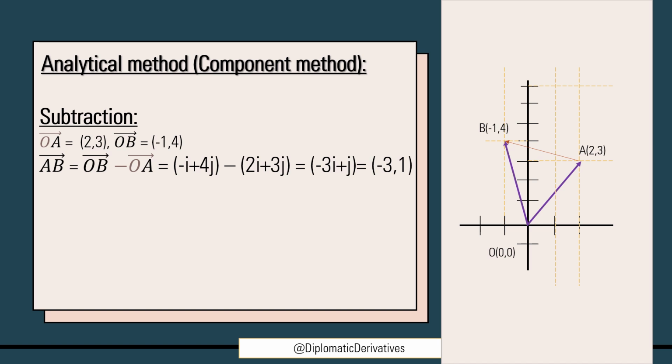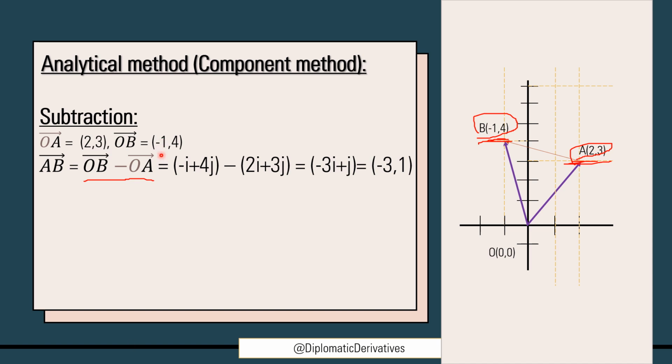How do you find that vector? The formula is OB minus OA. You subtract OA from OB, and that's how you get AB.